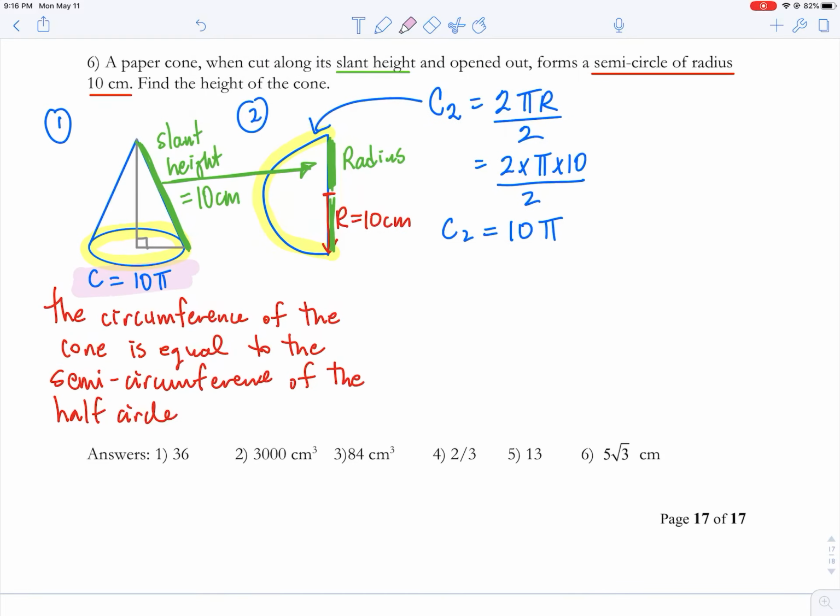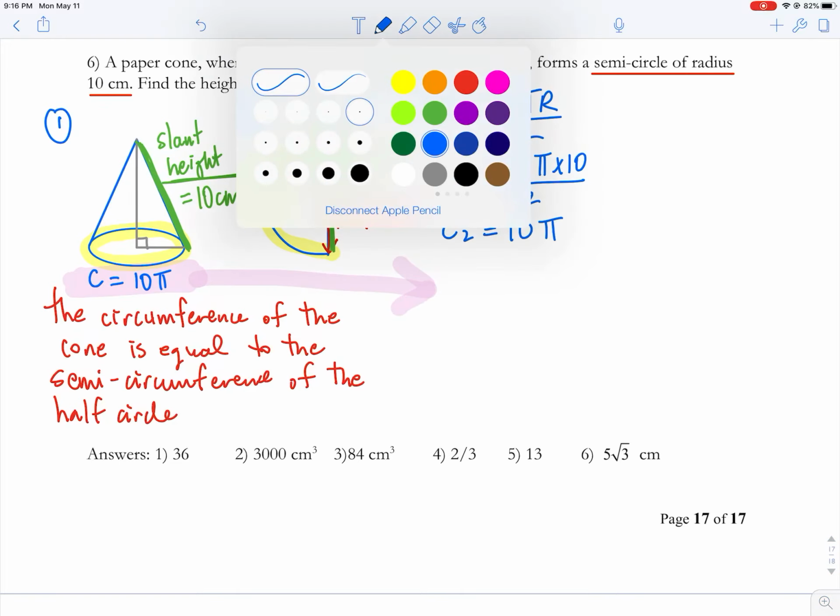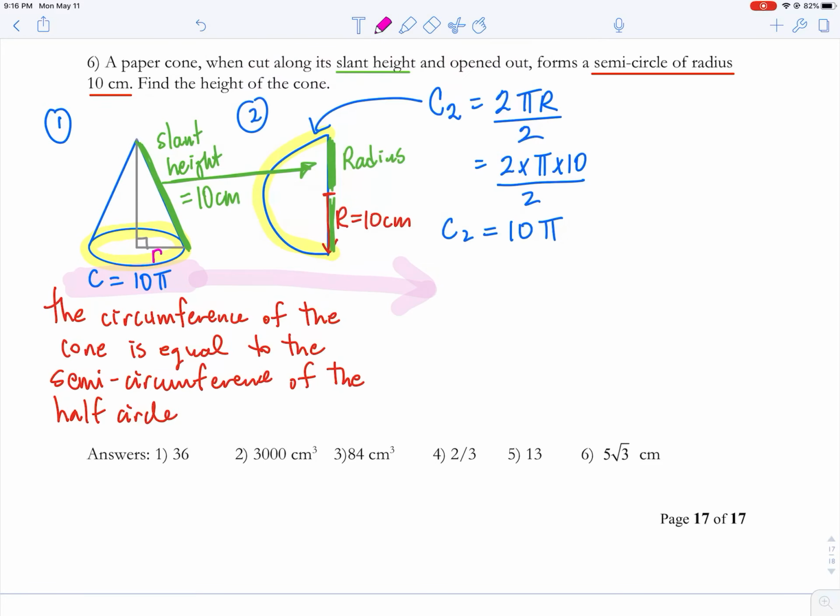So the circumference of our cone base circle is 10 pi, and we're going to work backwards to figure out what the radius of the base of our cone is. So we know that circumference usually equals 2 pi r. Our circumference is 10 pi.